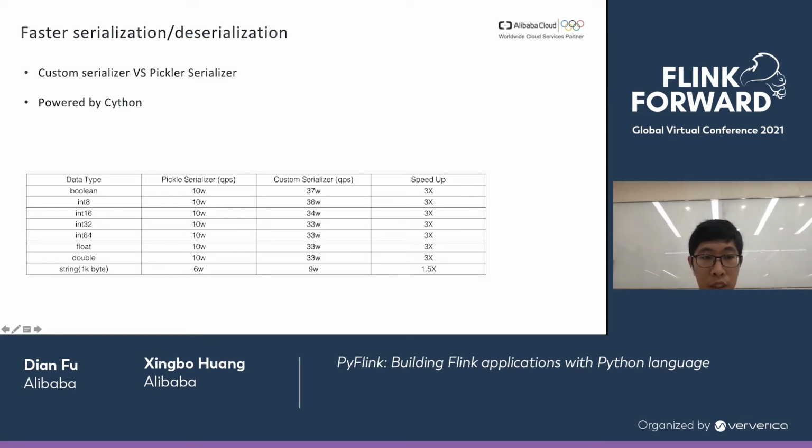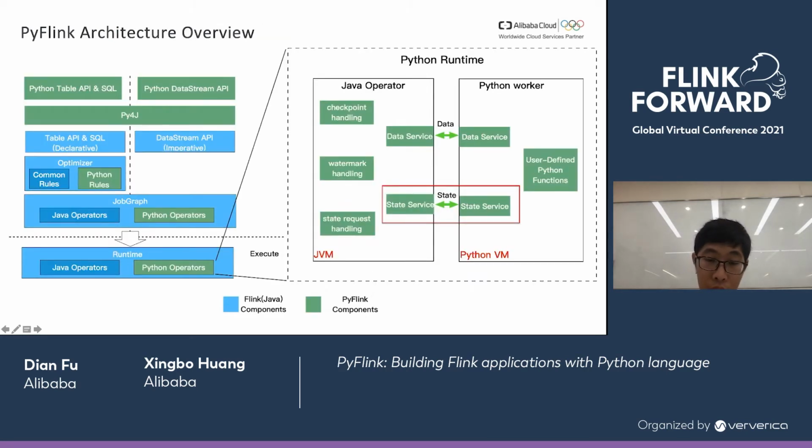All serializer implementations are powered by Cython. From the picture, we can see that every type serializer can give 3 times optimization of serialization. Okay. We just talked about the data transmission part.